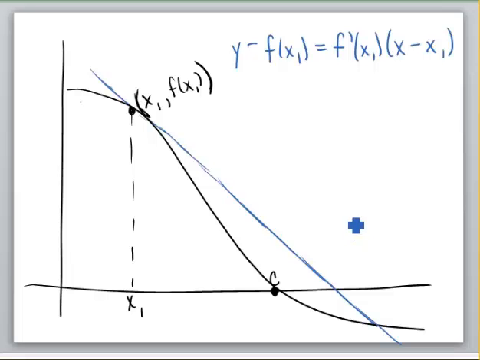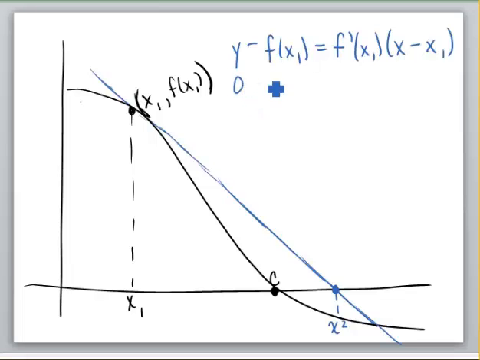What that allows me to do is approximate a new value of x, and we'll call this x sub 2. In order to find this x sub 2 value, that's really where y is equal to 0.